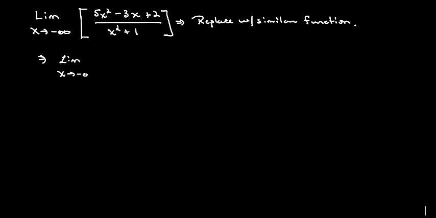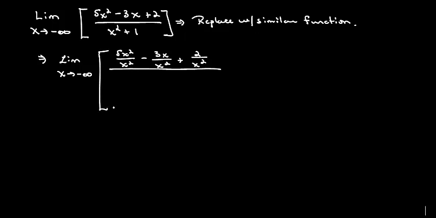This new function that I'm going to write down right here is not going to be defined at 0. Again, it's not a problem. So we're just going to divide everything by x squared because that's the highest x power in the top, the numerator, and the bottom, the denominator. Let's just make this a little bit larger here.